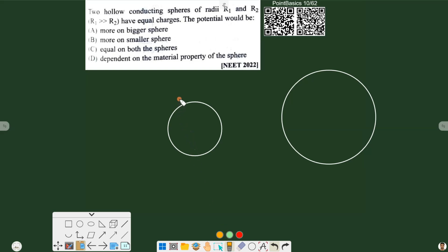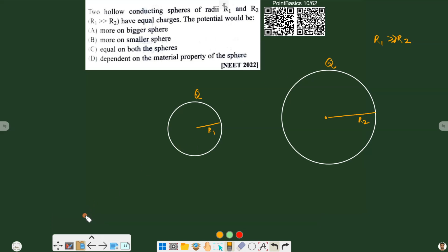Suppose this is radius r1 and this is r2, and as per the question r1 is greater than r2, but their charges are equal. So this also has q charge and this also has q charge.